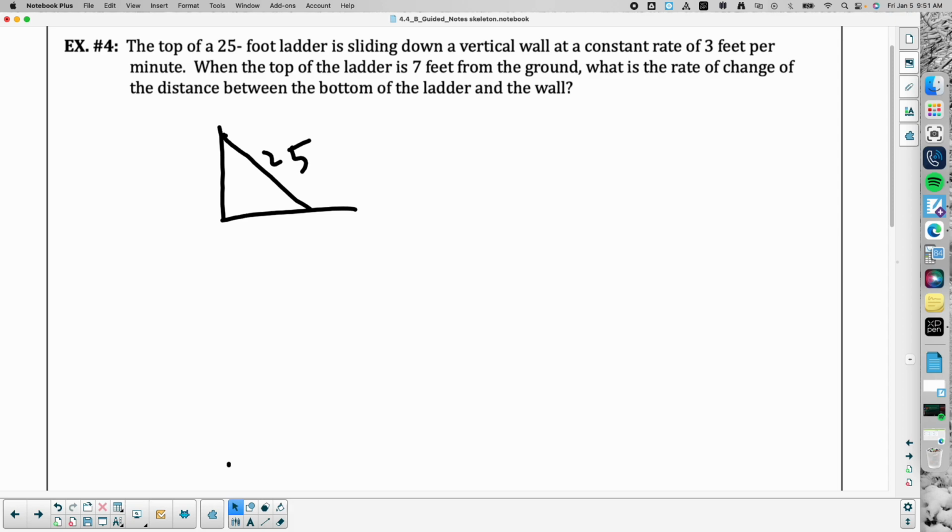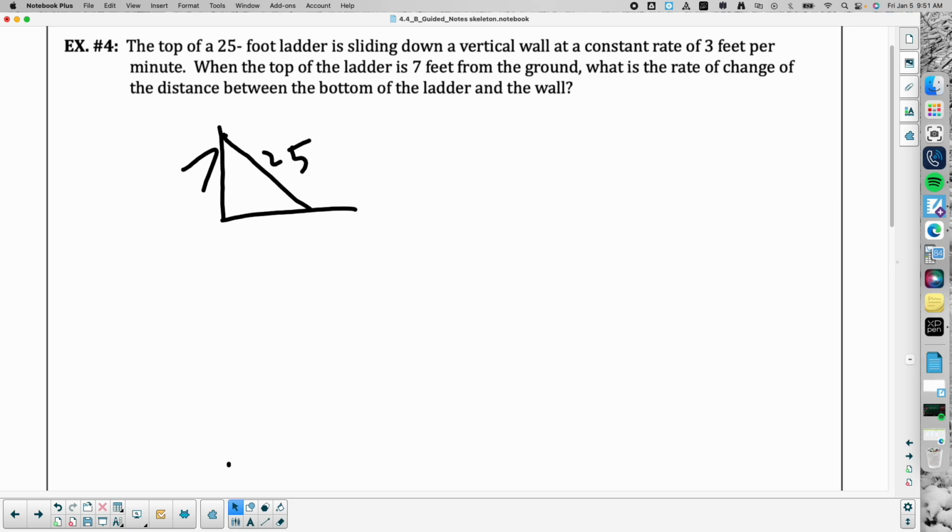It's 7 feet off the ground, and it actually is not 7. It is changing. So I get what you're saying. The ladder is actually the only thing that has a constant number, because it's a 25-foot ladder. And the ladder is essentially moving up and down this wall as it's falling.